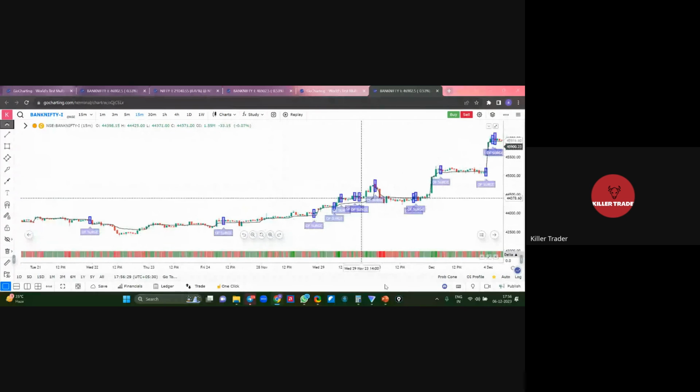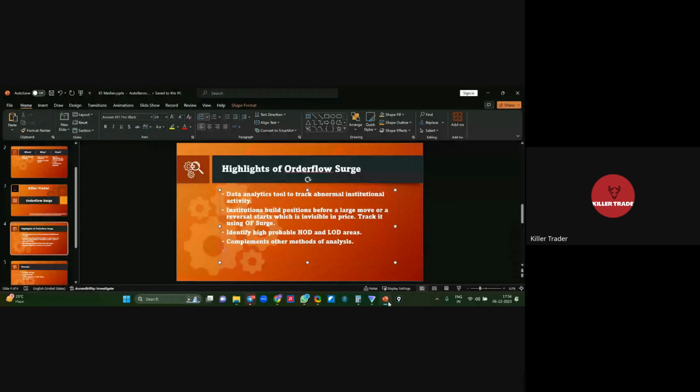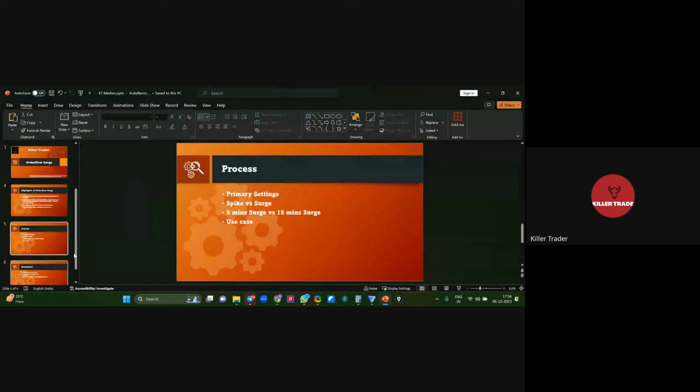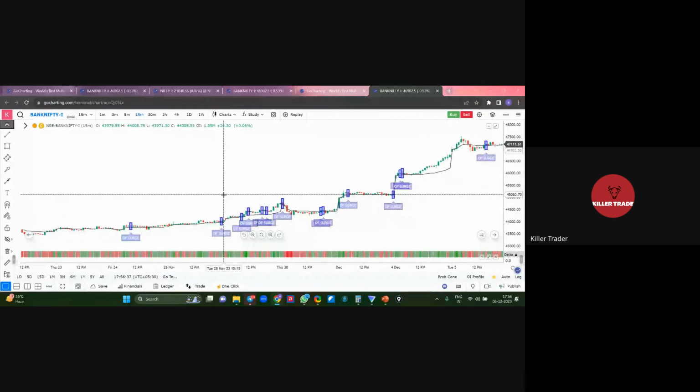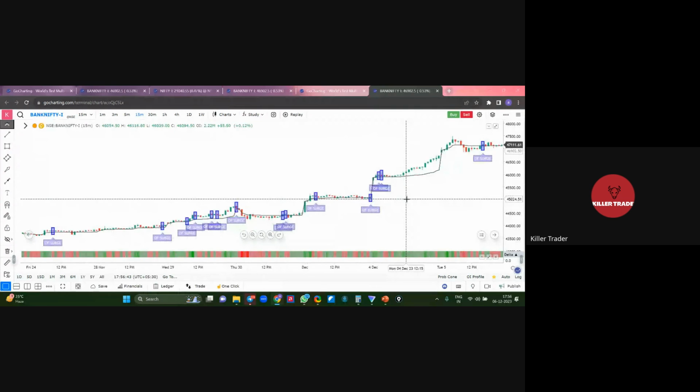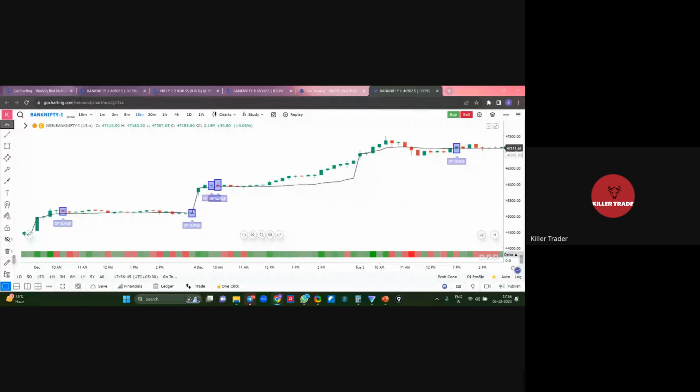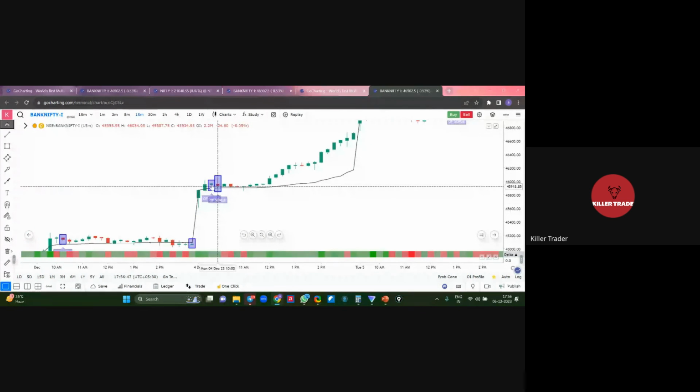On 5 minutes bars, you use it as a tool to identify those price areas from where the markets can give a strong move. On 15 minutes, take this example on 4th of December, you see on 15 minutes a surge bar 1 or 2. We'll look at quite a few examples.